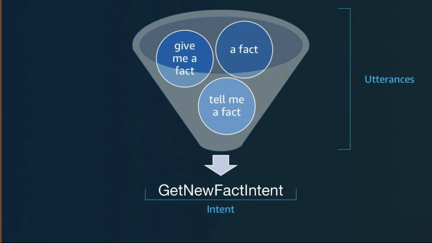And you give some example sentences that kind of symbolize this intent. And then it's up to Alexa to route the user to the right intent. So as a developer, you are always working with intents. In this case, we have a get new fact intent, which all sorts of different phrases can trigger, such as "tell me a fact," "give me a fact," or simply "a fact."